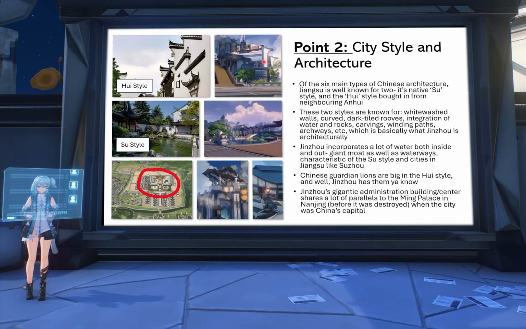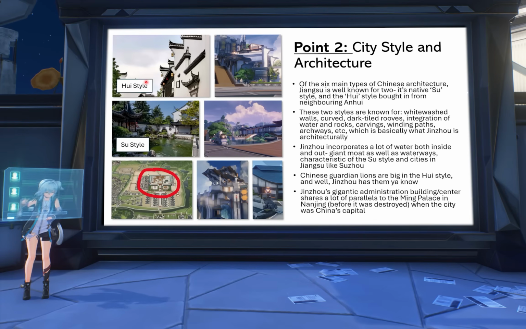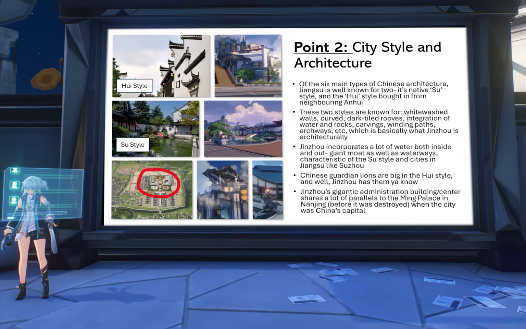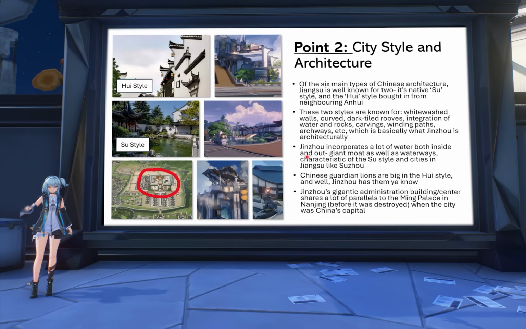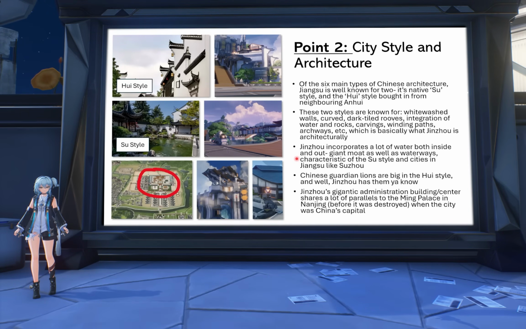A lot of Jingzhou's architecture is this color palette, white with black walls, because this is reminiscent of both the Hui and the Su styles that are apparent in Jiangsu. A lot of that as well, you have to consider, comes into play when you see that Jingzhou integrates a crap ton of water, right?